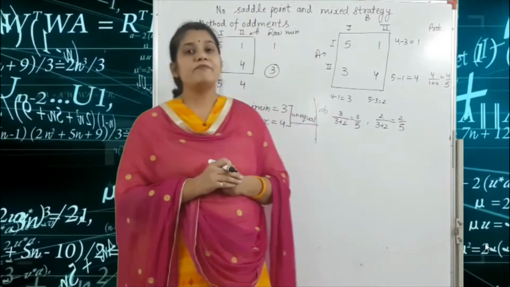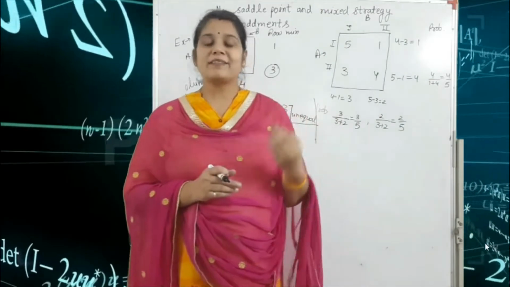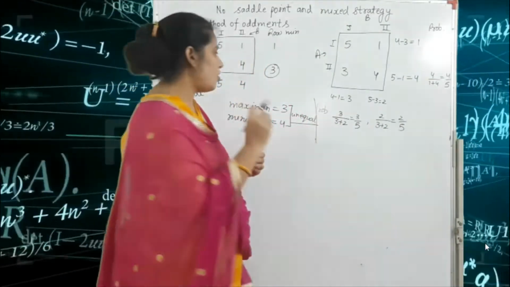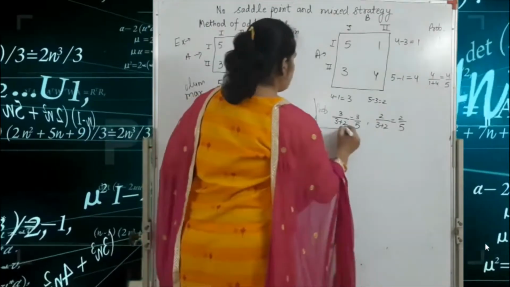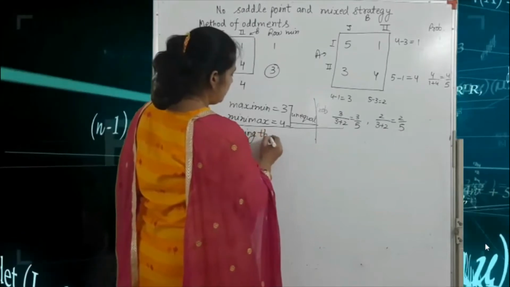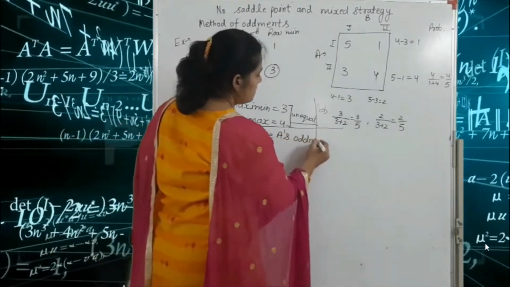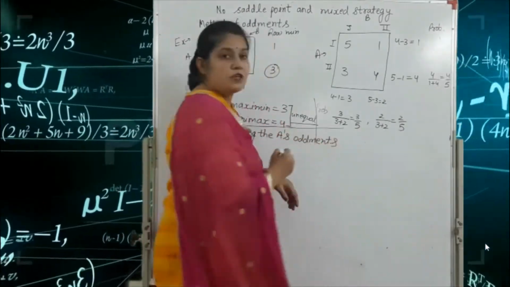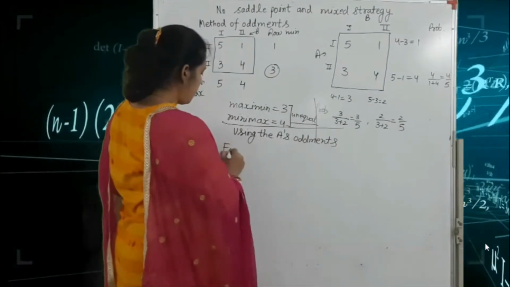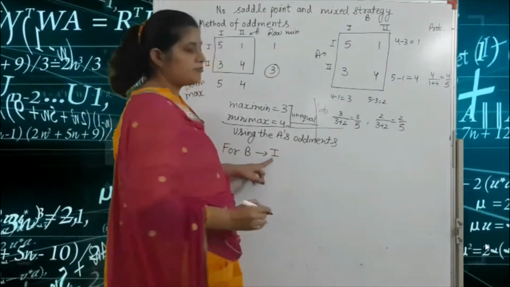So we use the method of oddments. Method of oddments, that means what? We write here using the A's oddments. Using A's oddments, we use the strategies of player B. So for B, we take the first strategy.